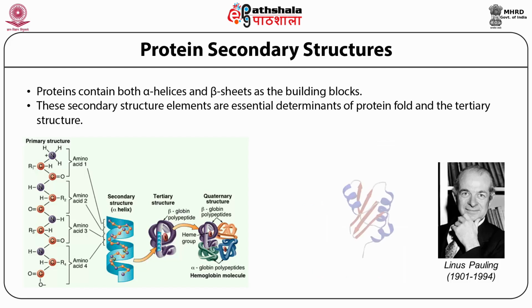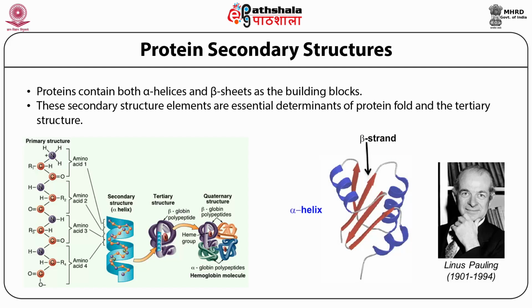Tertiary structure refers to the overall three-dimensional structure of a polypeptide in the compact monomeric state. That is, the alpha helices and beta sheets are folded into a compact globular structure which gets stabilized by specific covalent and non-covalent interactions.